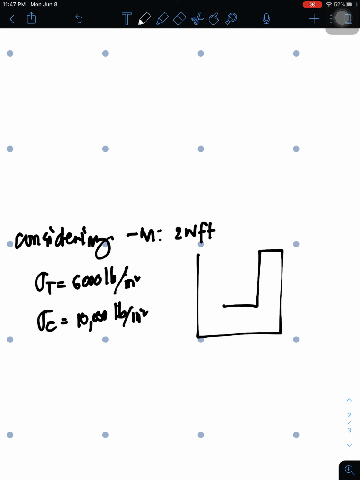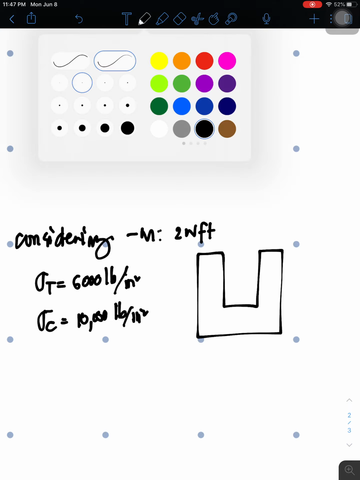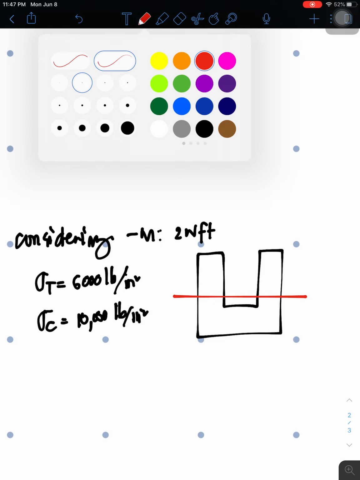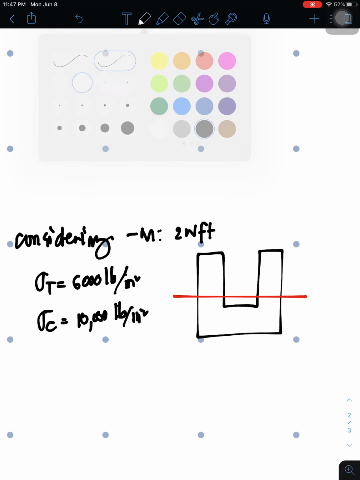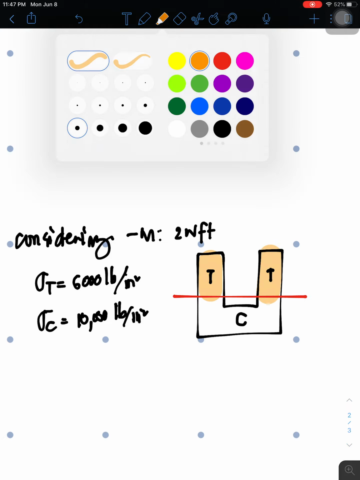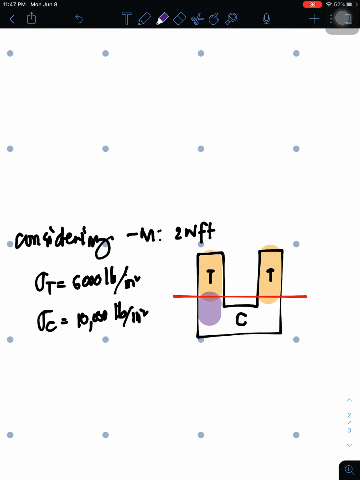And of course, do not forget that we have to draw our section for better understanding. So this time, the tension and compression are reversed for negative moment. Here, this is our tension, and then the compression is here.